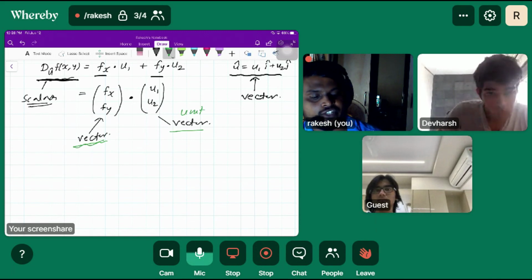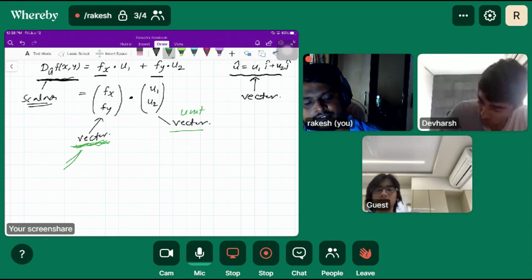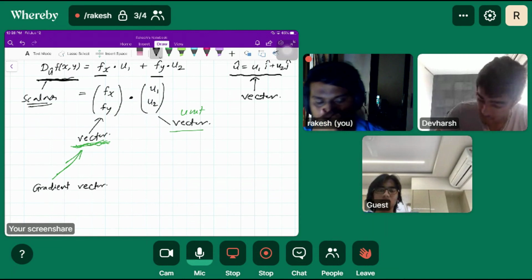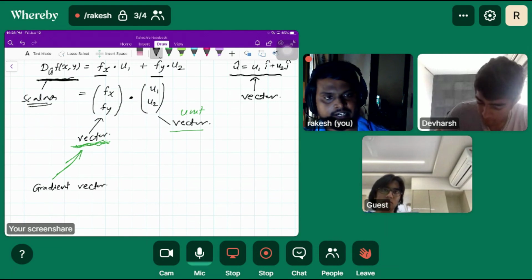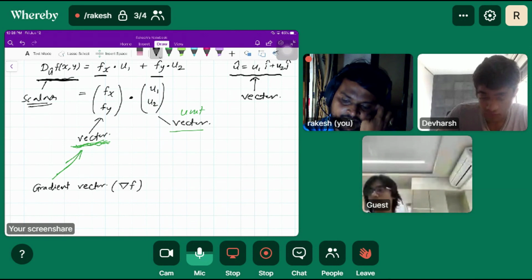It's obvious that this is a unit vector, and this other vector also has a certain name, that is called the gradient vector. That can be written as del f.